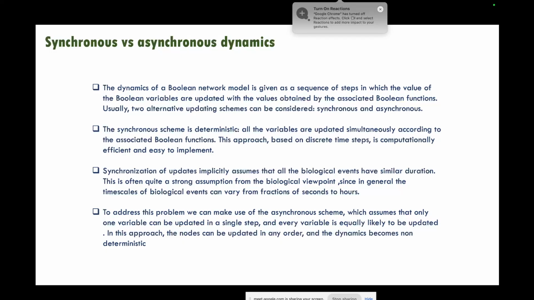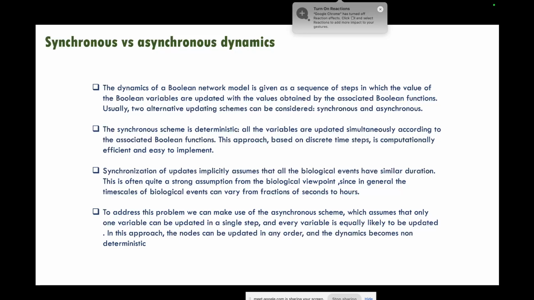The synchronous scheme is deterministic, and all the variables are updated simultaneously according to the associated Boolean functions. This approach is based on discrete time steps and is computationally efficient and easy to implement.